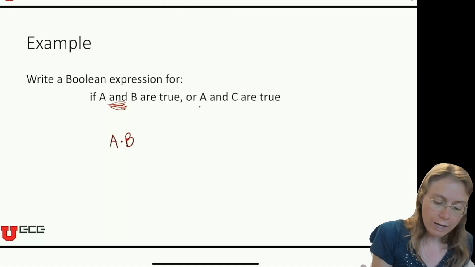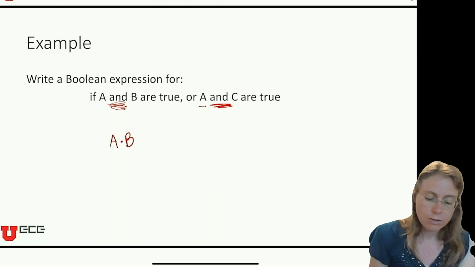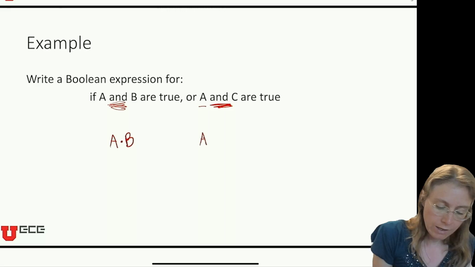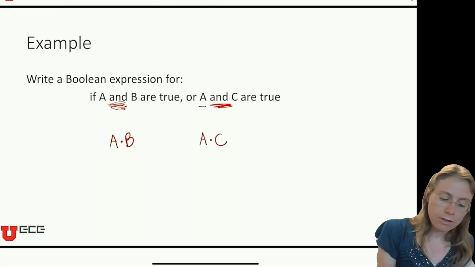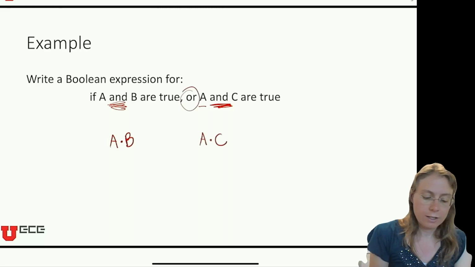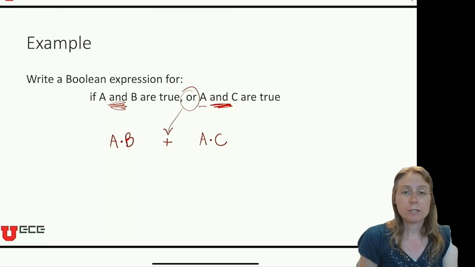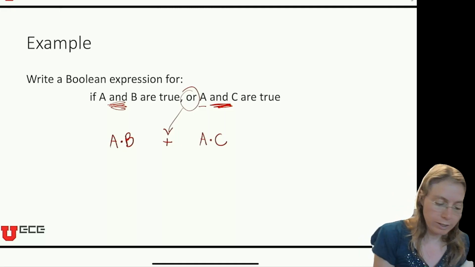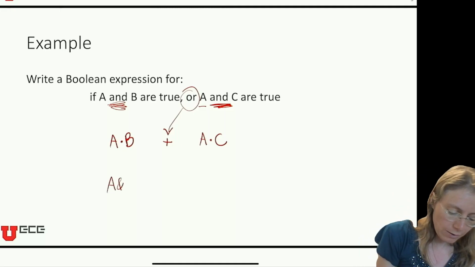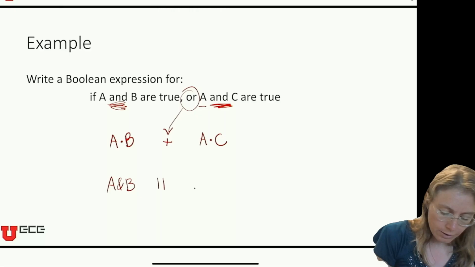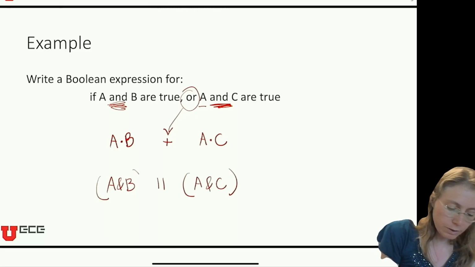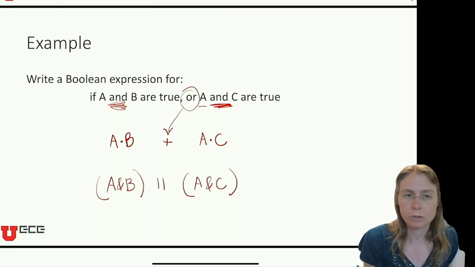And then it says or A and C are true, so that's A and C, and then we're taking the or of that. So that would become a plus sign right here. Or if you had written it the way I had been taught it in school, it would have been A and B or A and C. And you can put these in parentheses if that's helpful to remember which ones happened first.